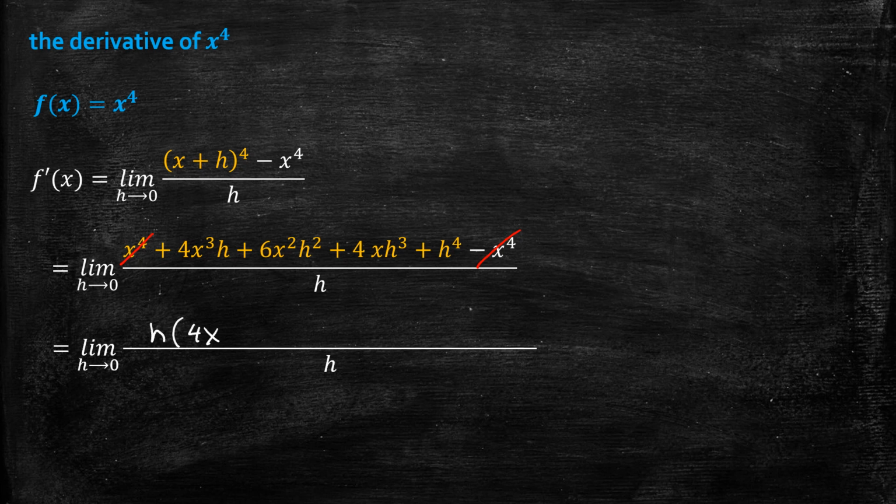So let's factor that out. 6x squared h plus 4xh squared plus h cubed. The great thing about being able to factor out that h is it cancels, making it possible to plug in h equals 0. And notice that every term after the first one goes to 0. Leaving us with what stands alone, that 4x cubed, and therefore the derivative of x to the 4th is 4x cubed.